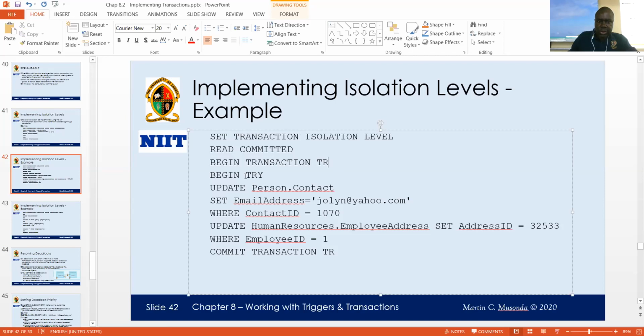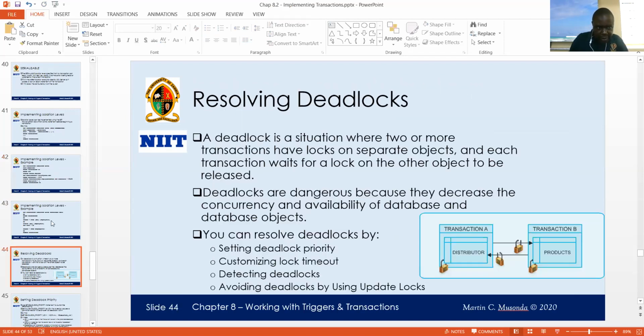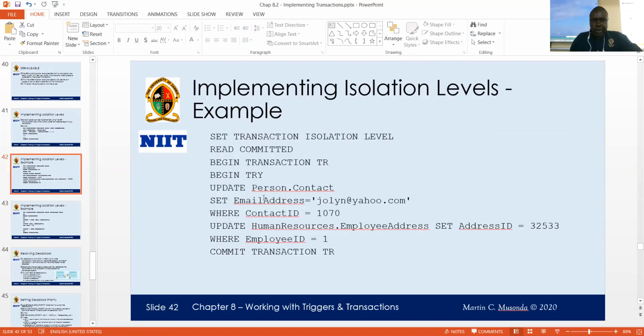Then we use try, so that in the event that an error is generated here, we should skip everything else and go to where it says begin catch.